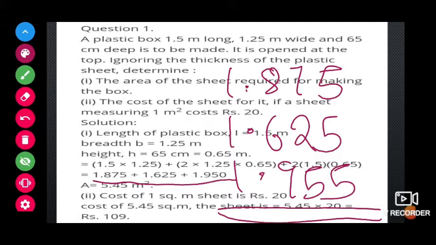Now we will add one by one: 5 plus 5 is 10, 10 plus 5 is 15, 7 plus 1 is 8, 9, 10 plus 5 is 15, 8 plus 1 is 9, 9 plus 5, 9 plus 6 is 15, plus 9 is 24.